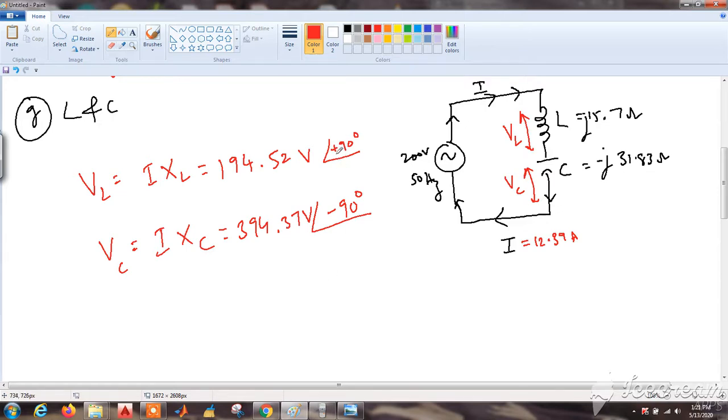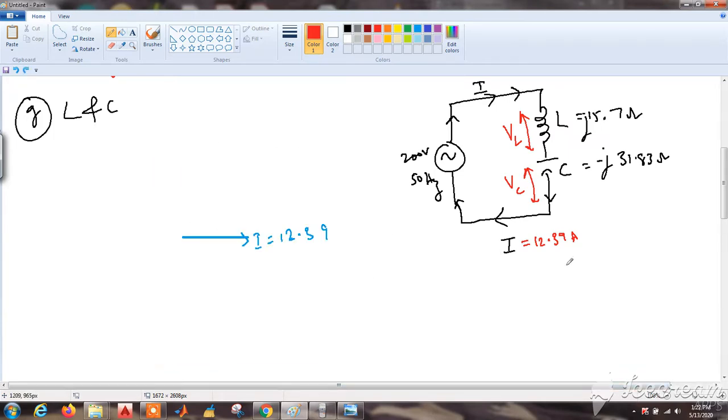Note the angles: in terms of voltage, VL leads the current by 90 degrees, and VC lags the current by 90 degrees. We know this already. If you take these values and draw the phasor diagram, obviously we take the current as the reference because it is a series circuit, and the same current is flowing through them.